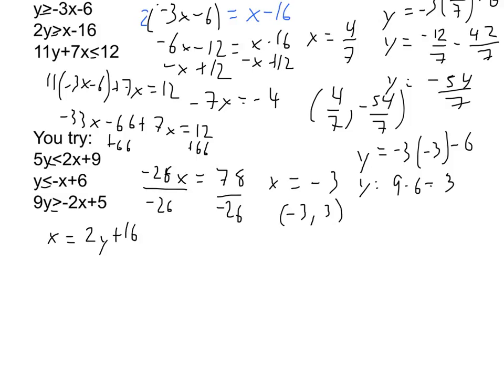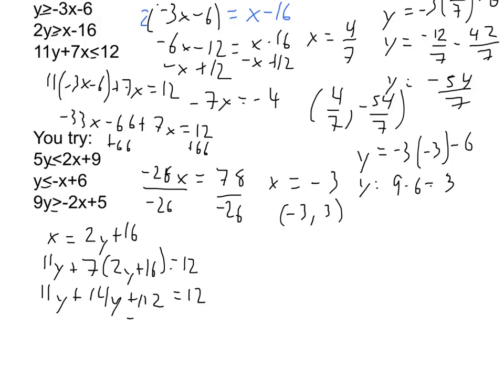So then I can plug into the second equation. 11y plus 7, instead of x, I'm going to put 2y plus 16 equals 12. 11y plus 14y plus, let's see, 7 times 16 is 112 equals 12.